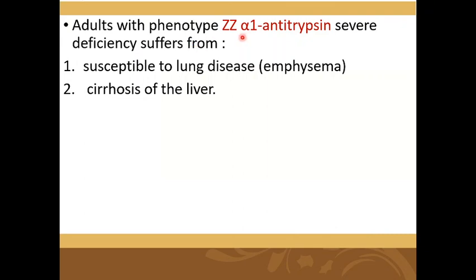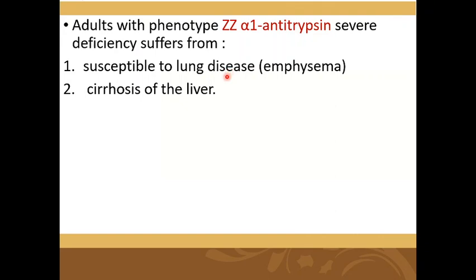This difference is due to the different phenotypes present. Adults with phenotype ZZ alpha-1 antitrypsin suffer from severe deficiency, lung disease, emphysema of lungs. What is emphysema of lungs?